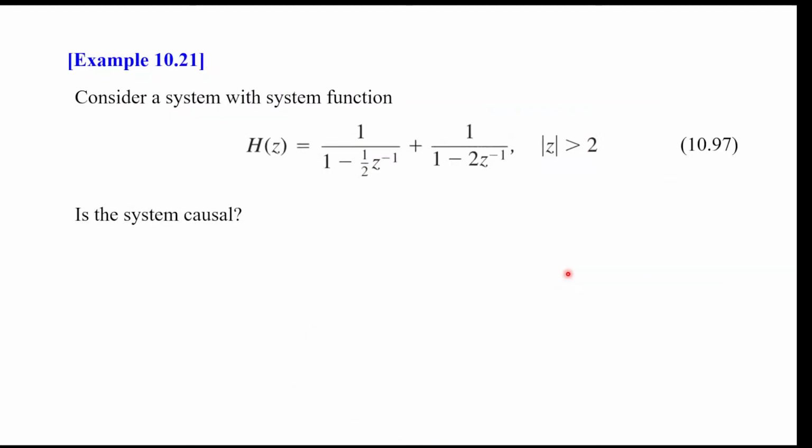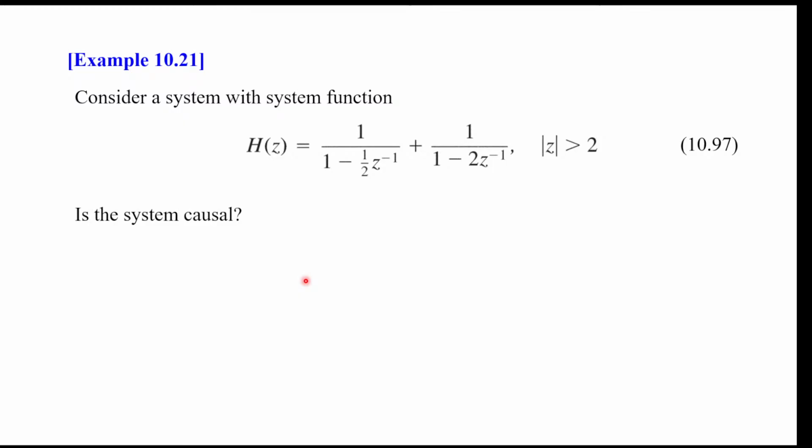Let's see a quick example. Here is our system function: H of z equals 1 over 1 minus 1 over 2 z to the minus 1, plus 1 over 1 minus 2 z to the minus 1, with ROC outside, z greater than 2. Is the system causal?